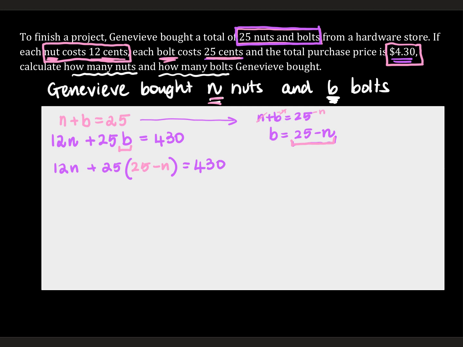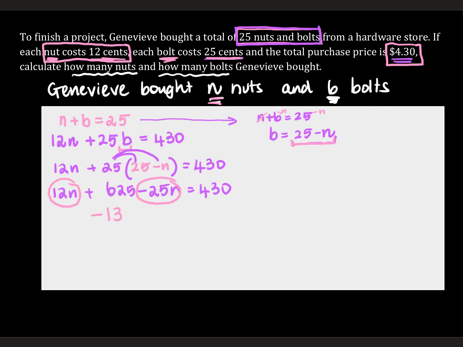How am I going to solve this? I'm going to write that down, then I'm going to expand these brackets. 25 times 25, 625. 25 times N, minus 25N equals 430. What do I do next? Collect like terms. 12N minus 25N. 12 minus 25 will give me minus 13.